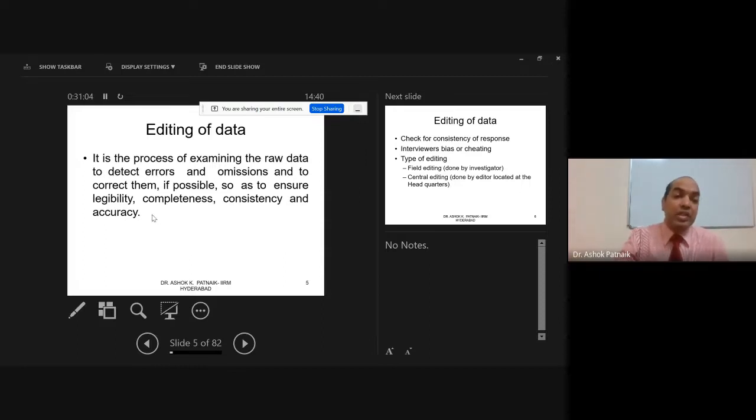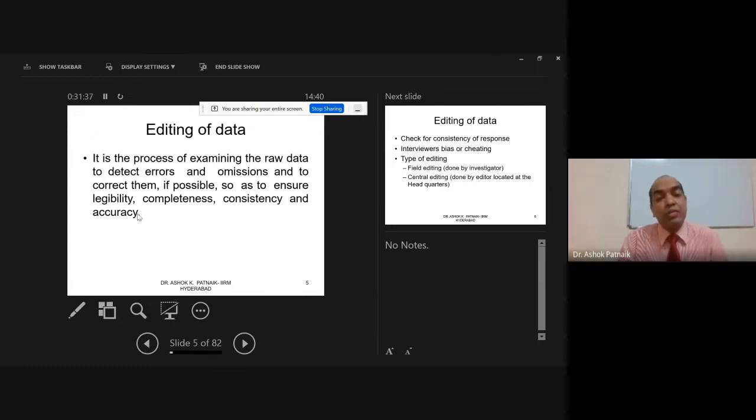You need to check the eligibility, whether that person is eligible to answer that questionnaire or not. Suppose somebody does not have a vehicle, and you are doing a study on automobile ownership of, say, executive bank employees. If that person does not have a vehicle but is answering questions relating to a vehicle, or somebody is not married but is answering the questions relating to children, it is going to lead to bias.